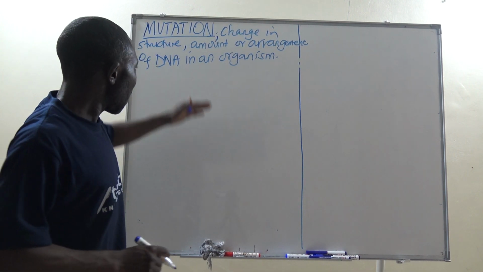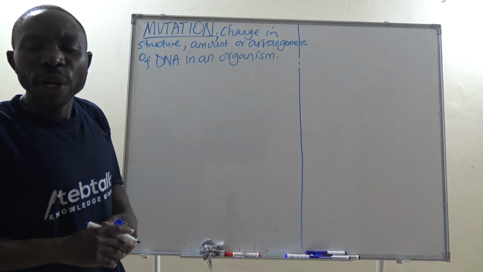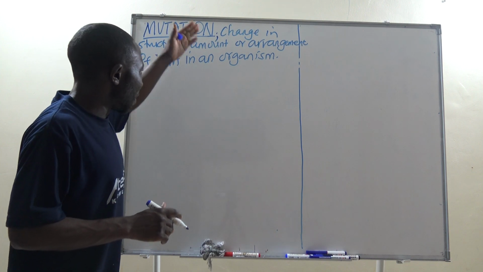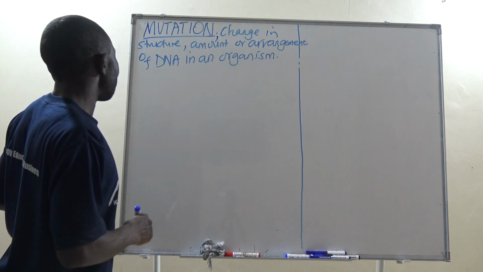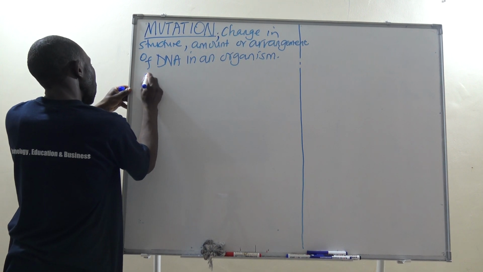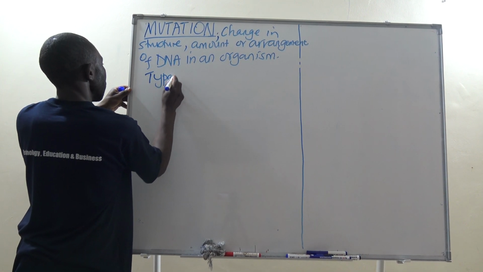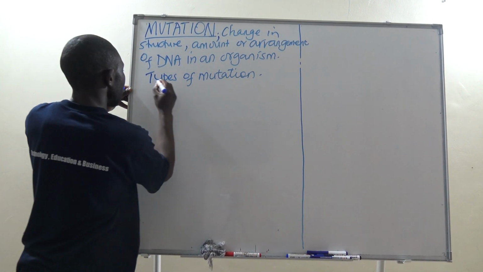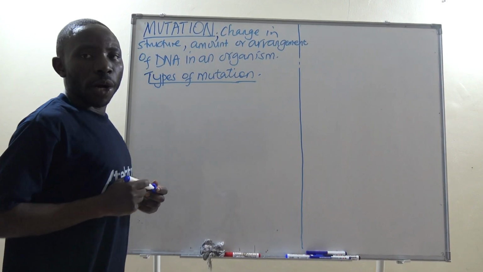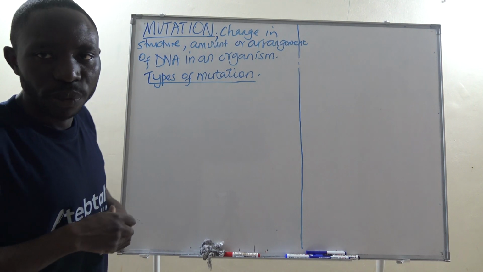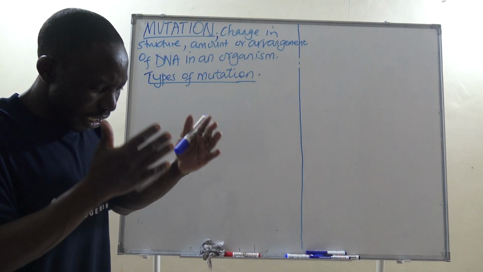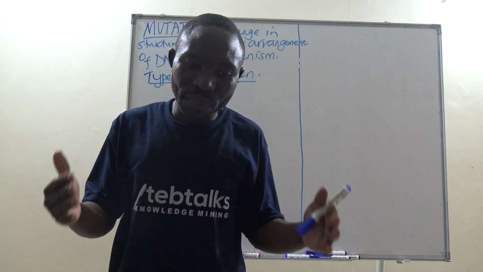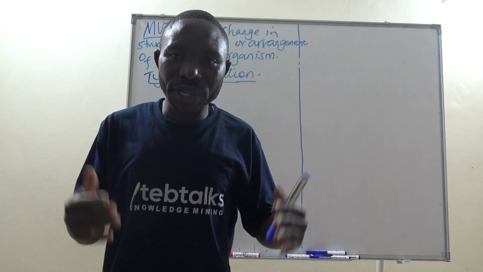So now, in this respect, we shall just move on and continue with the types of mutation. Here we have two major types of mutation. One is called gene mutation, and the other is called chromosome mutation or chromosome aberration.